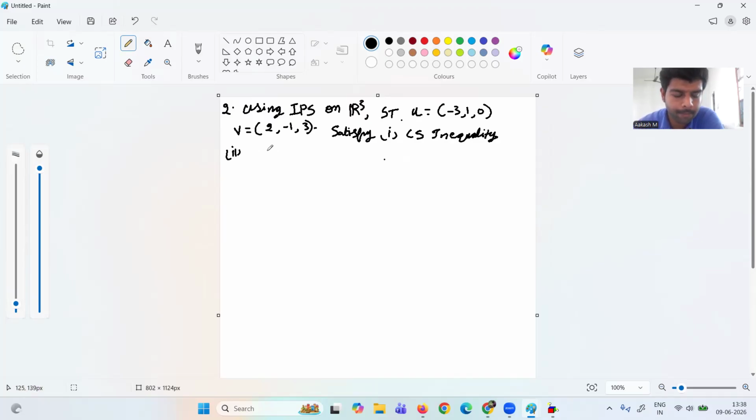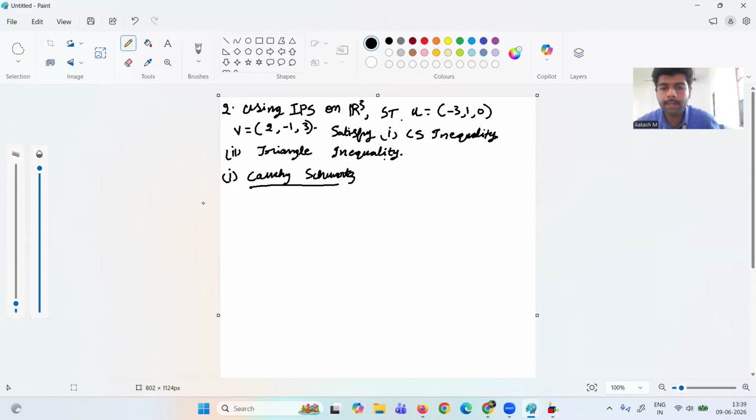and second, the triangle inequality. So we are going to use note 3 and note 4. First I'm trying to prove the Cauchy-Schwarz inequality.